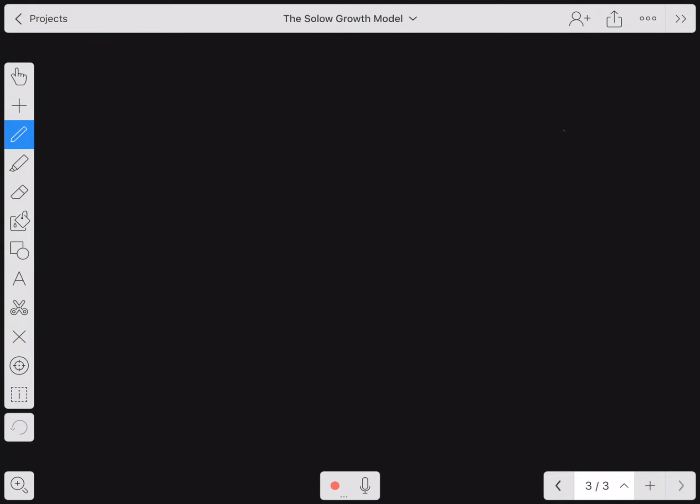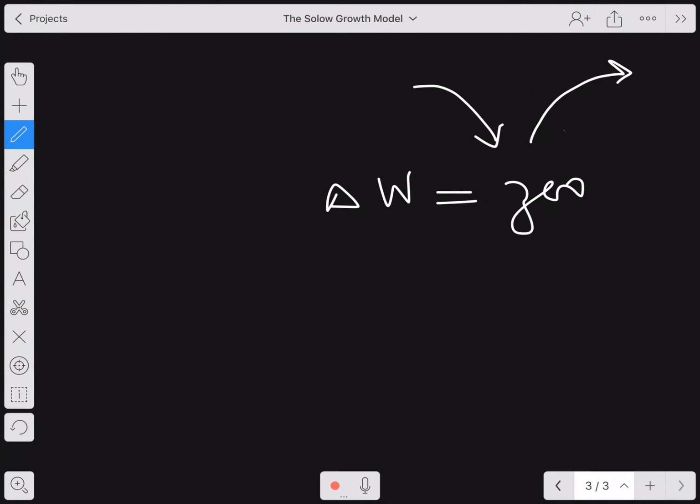You have a good example in your textbook talking about the change in the level of water: the water flowing in has to be equal to the water flowing out. So that makes the change in water equal to 0. That's exactly the same thing in adding and subtracting capital.